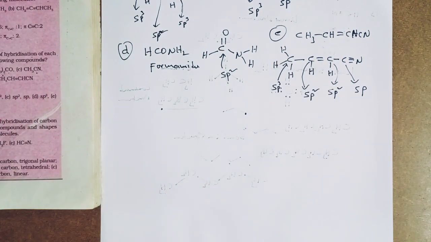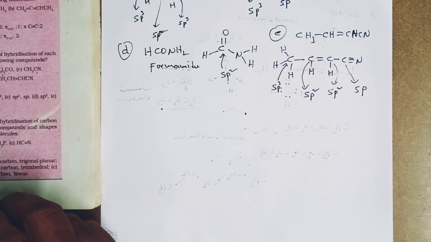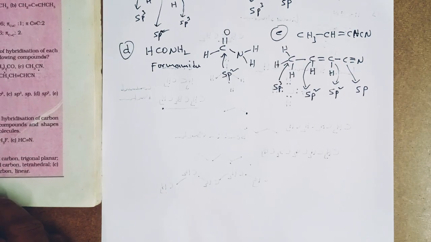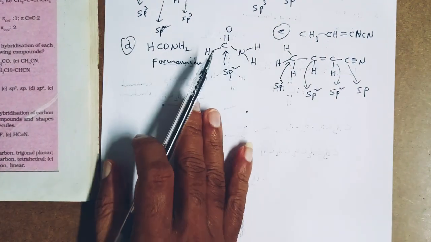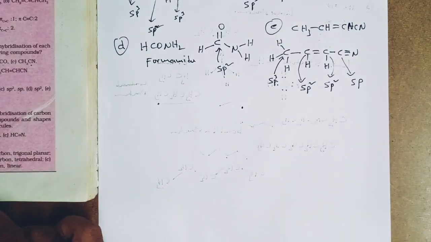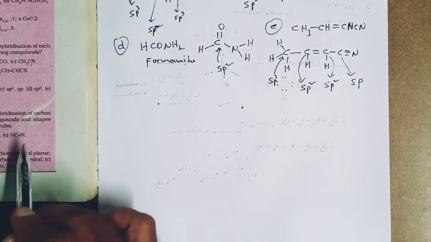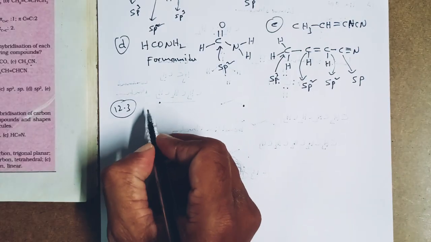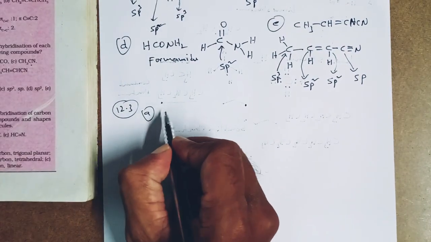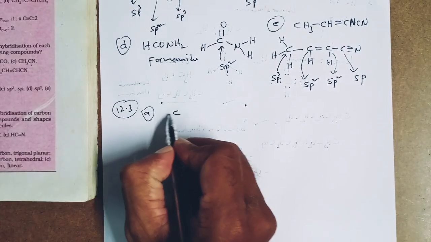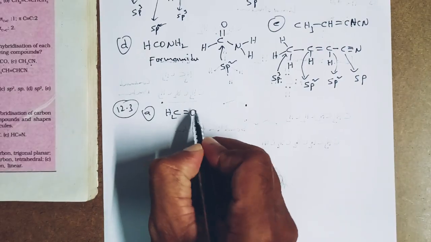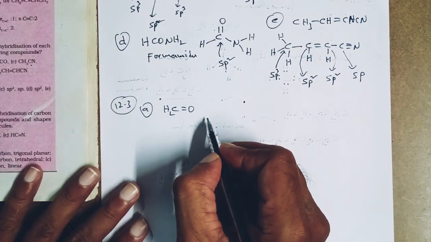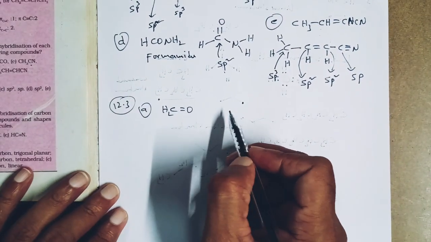Now another question: write the state of hybridization of carbon in the following compounds and the shapes of each of the molecules. Problem number 12.3, A, is CH2 double bond O. First we have to expand this structure.